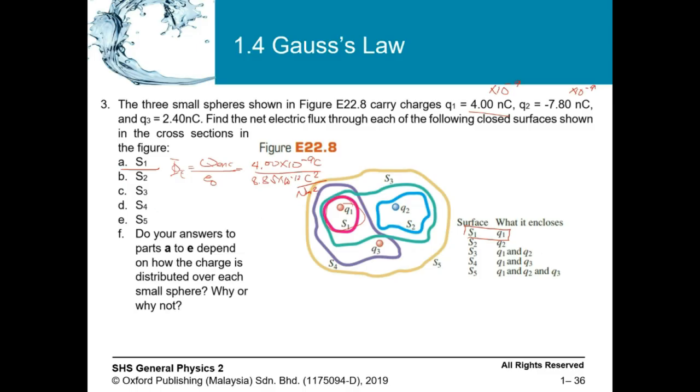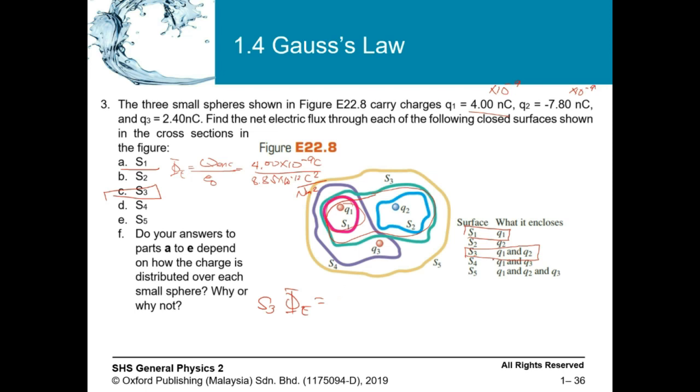So how about surface 3? Surface 3 encloses Q1 and Q2. What do we do? For S3, it will be Q enclosed over permittivity, right?